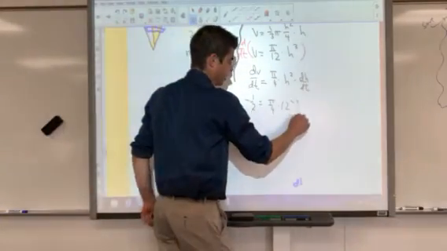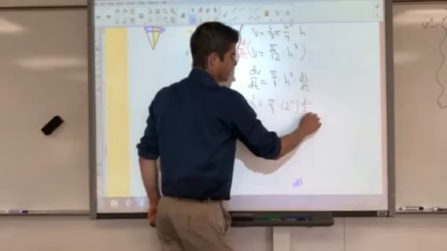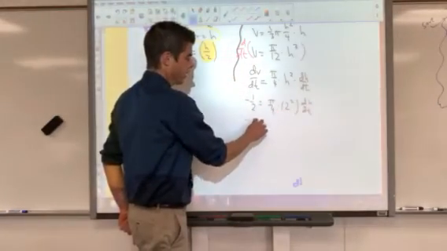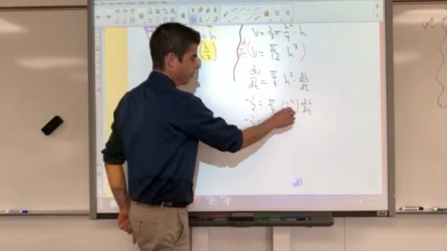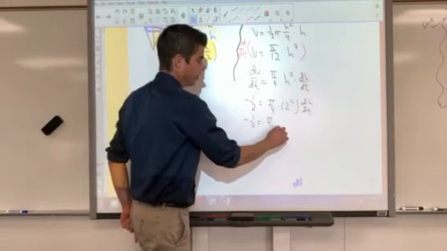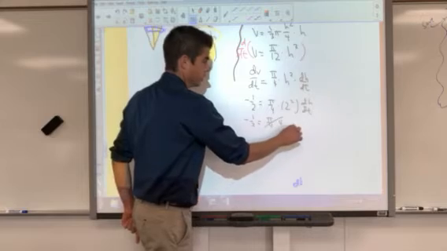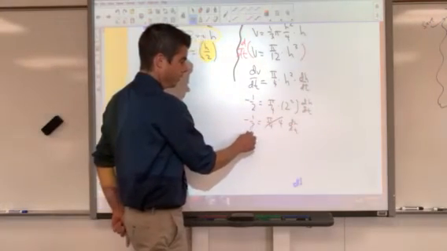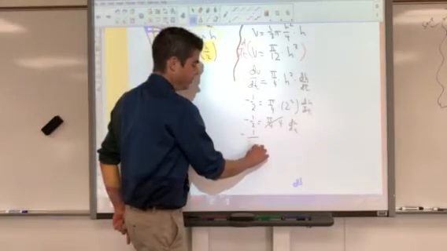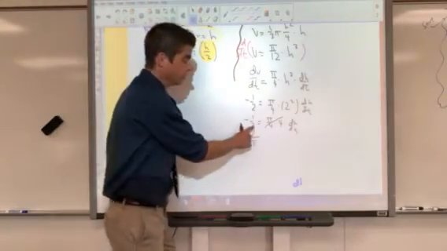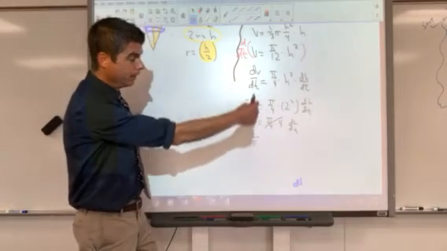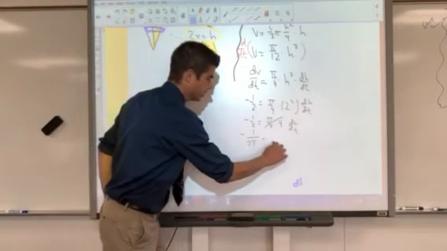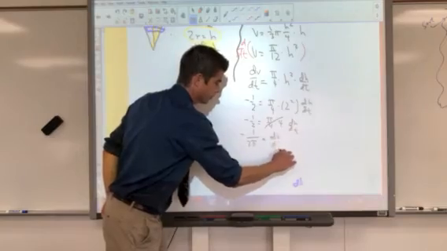2 squared, and I'm looking for dH/dt. Well, 2 squared is 4, so I get negative 1/2 equals pi fourths times 4. That's going to cancel, and then just have dH/dt. So then I'm going to divide the pi across. Now you've got to be really careful because there's already a 2 in the denominator, so the pi comes across and it goes with that 2, and then that equals dH/dt.